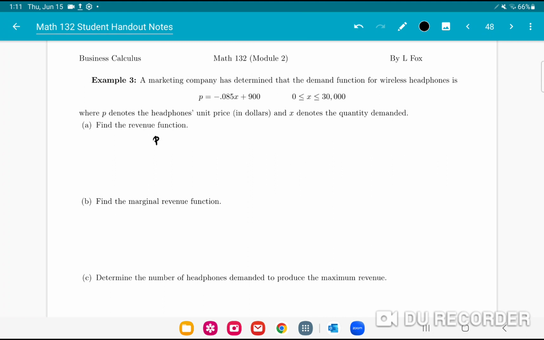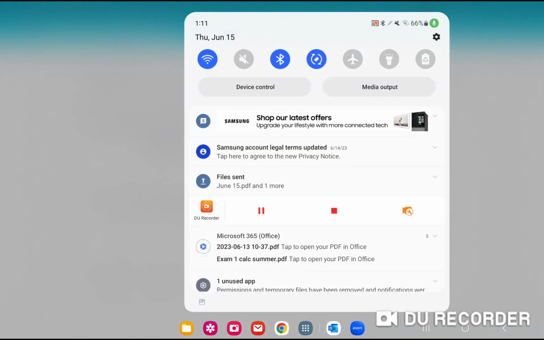So the revenue is X times P. This is X times minus 0.085X plus 900, and this is minus 0.085X squared plus 900X. I will pause this video and fill it in and then come back to it, because this is similar to what we did in the previous page.